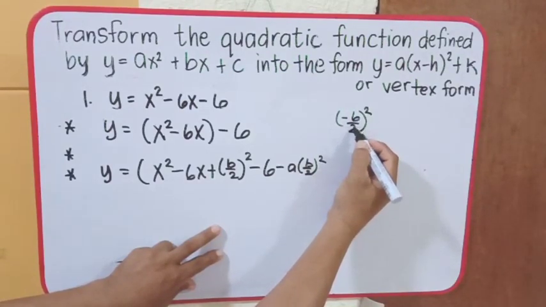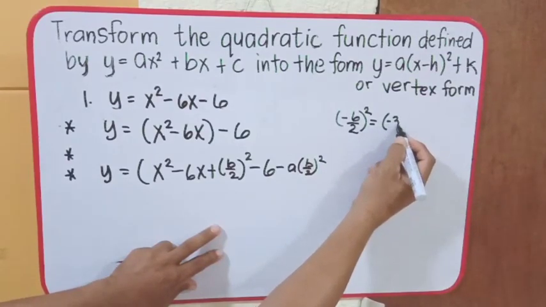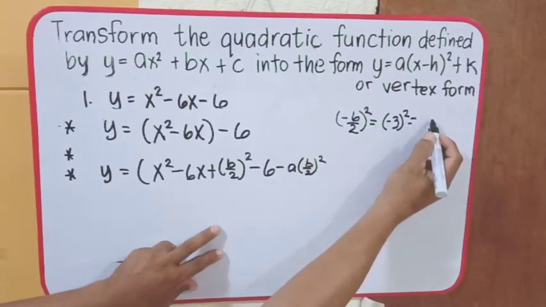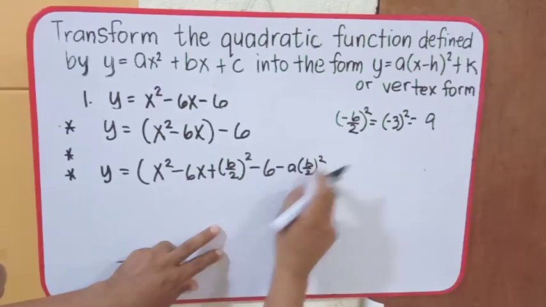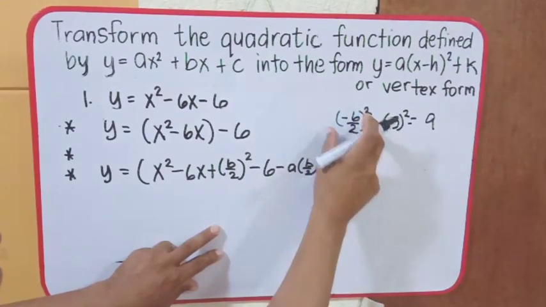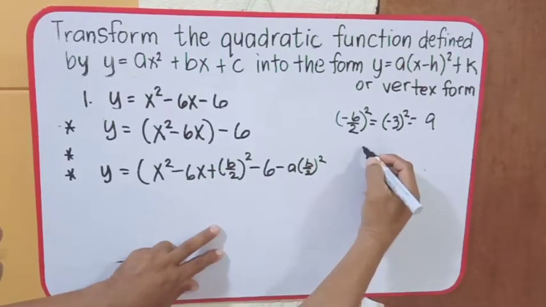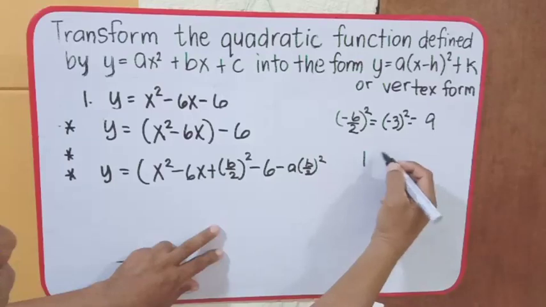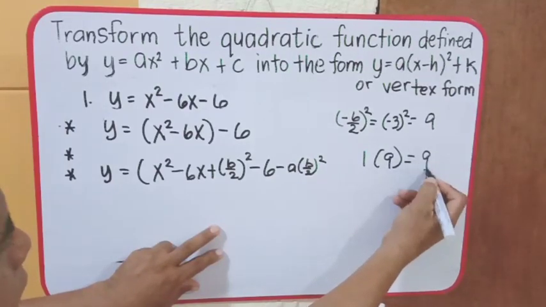So, negative 6 divided by 2, that is equals to negative 3. At ang square ng negative 3 ay equals sa 9. Yung a times the square of b over 2, multiply lang natin yung a by 9. Ang a natin ay 1 times 9 equals 9.